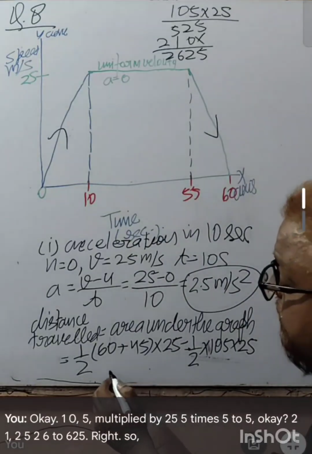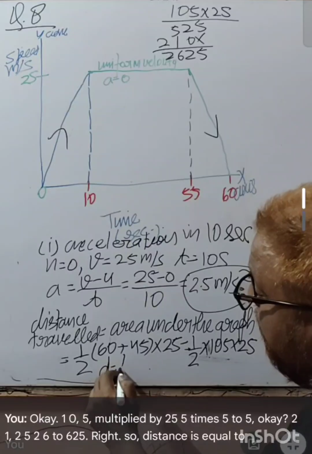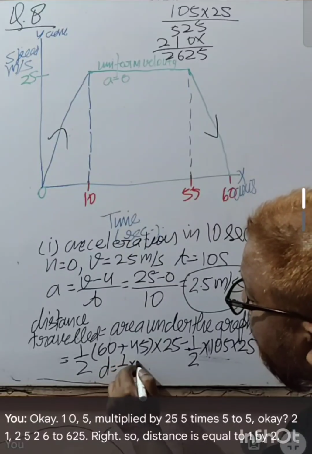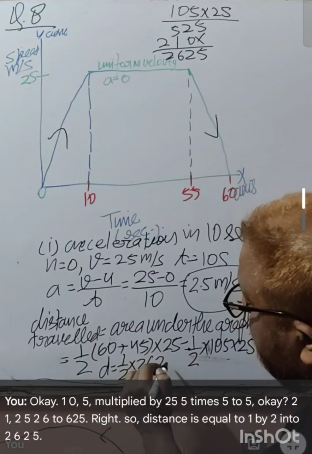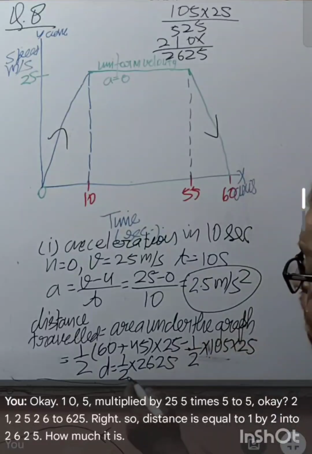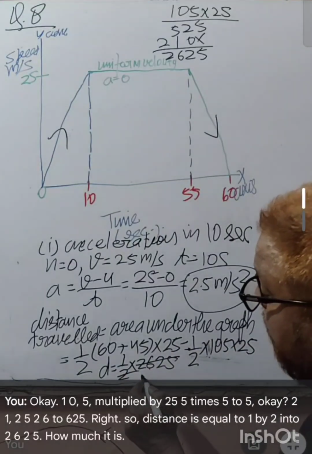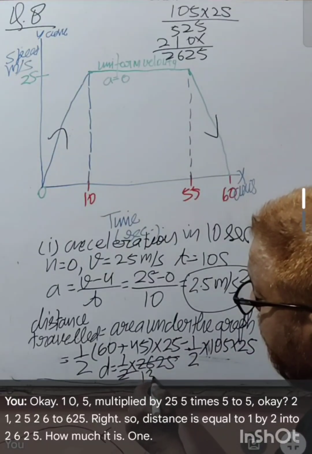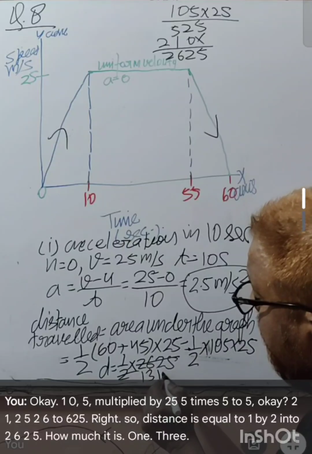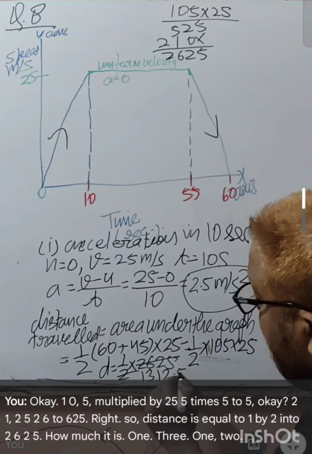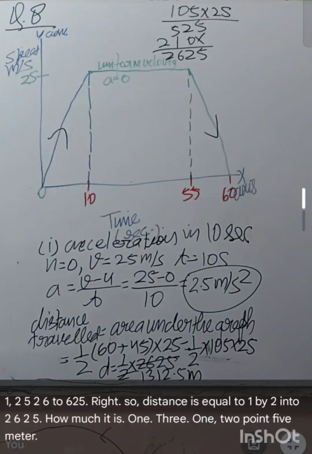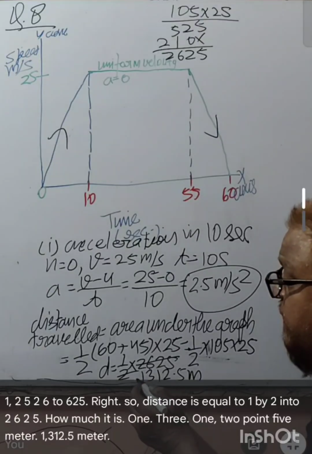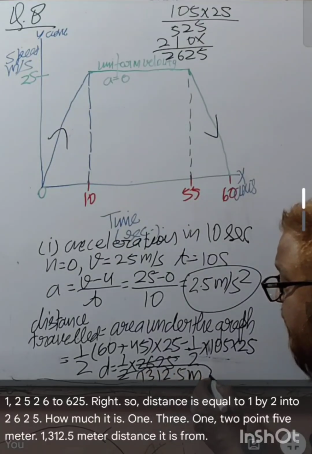So distance is equal to 1 by 2 into 2625. How much is it? 1312.5 meter, the distance it is covering.